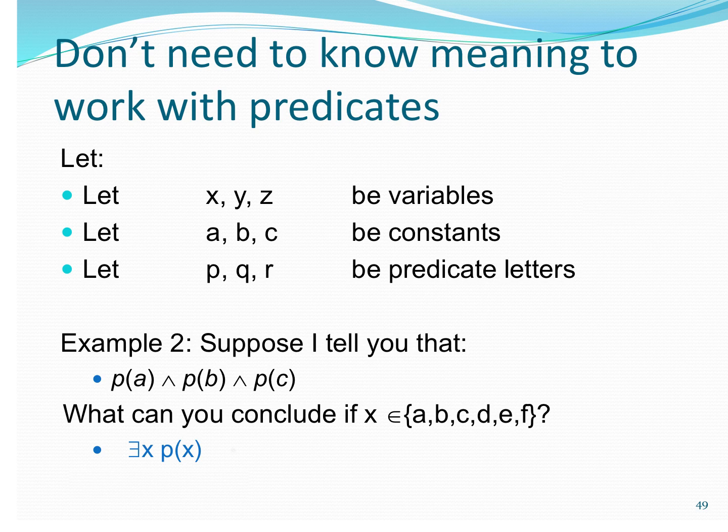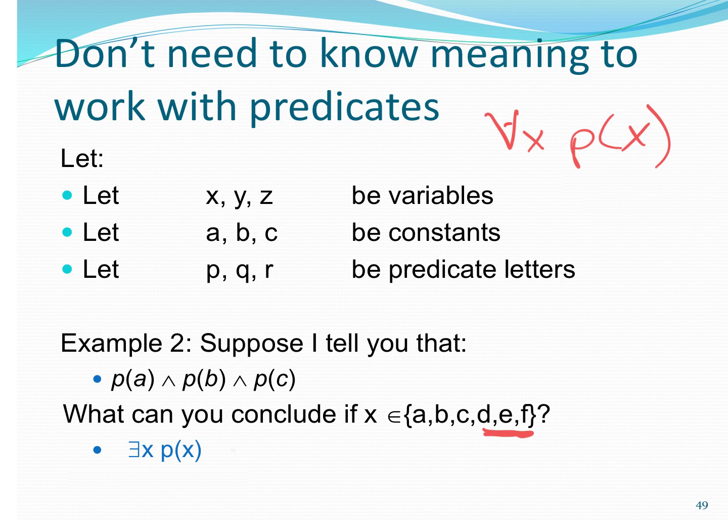I cannot say for all X, P of X, because I don't know if P of D, E, and F are true. I don't know if P of D is true. I don't know P of E is true, because I didn't tell you.